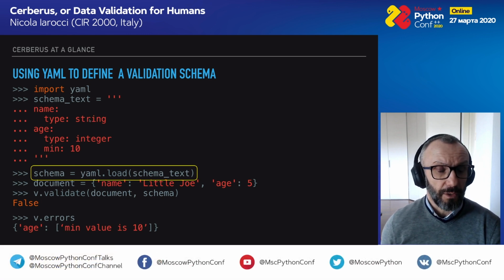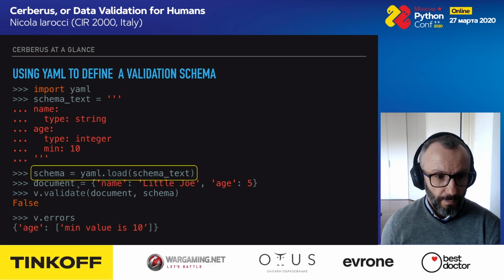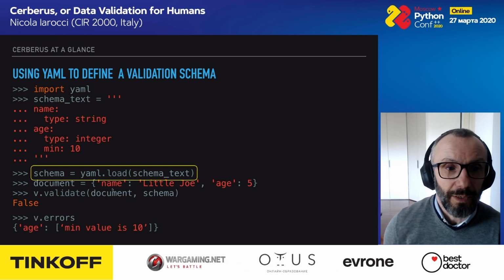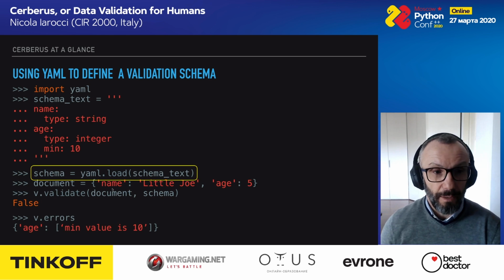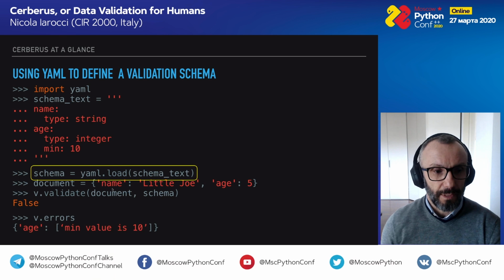In this case, it is a string, it might be a file, and you load your schema from YAML. You just have to import the YAML module, and then you go ahead and validate your documents from somebody else who defined the schema for you in YAML, because he is more proficient with YAML and not with Python itself.